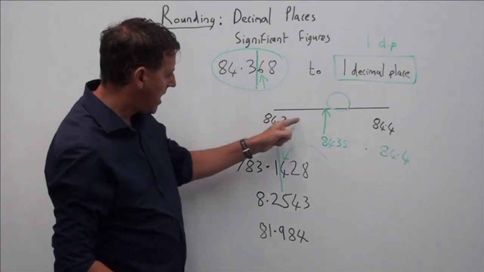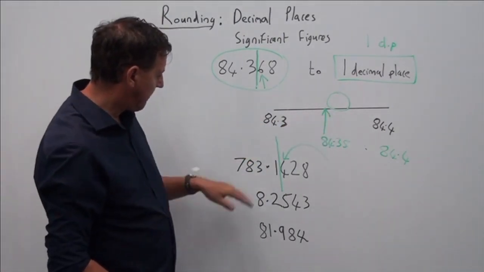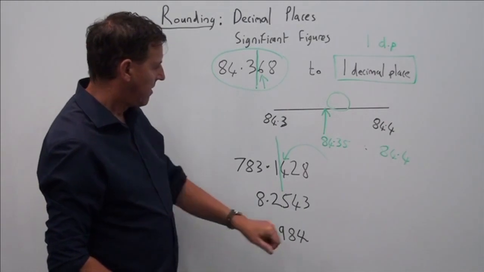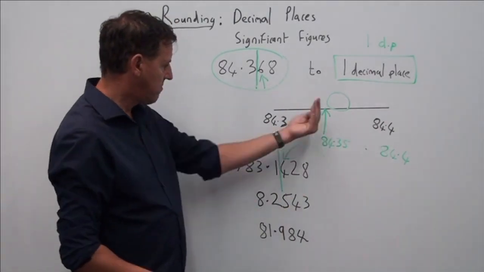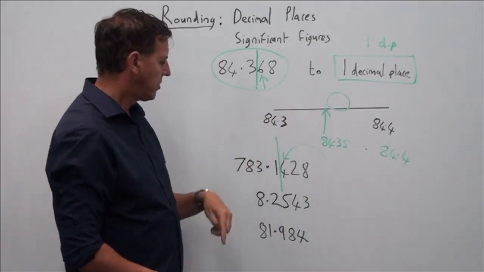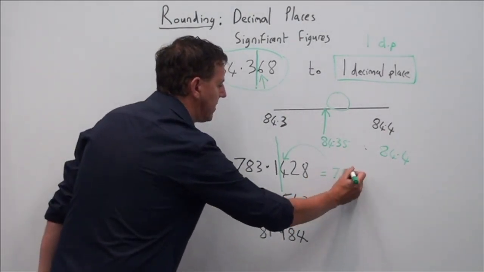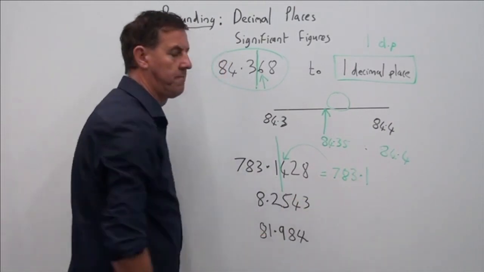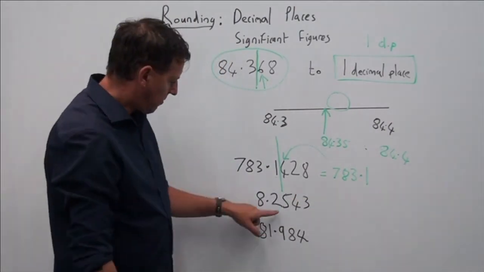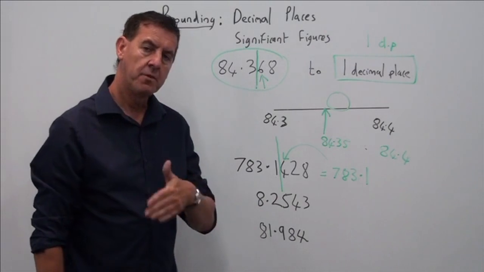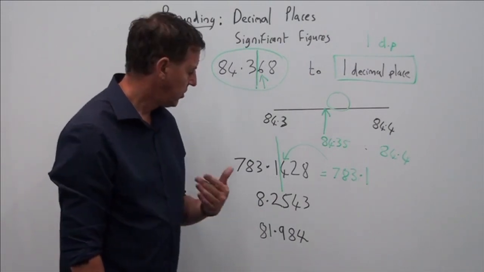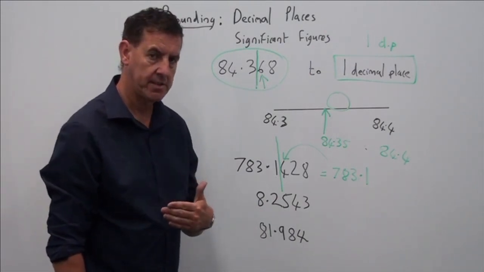Picture it on a number line. If you imagine here, this is 783.1. This is 783.2. This number is more along this way. So my final answer to 1 decimal place is 783.1. Look at this next one. 8.2543. I'm going to round it to 1 decimal place.